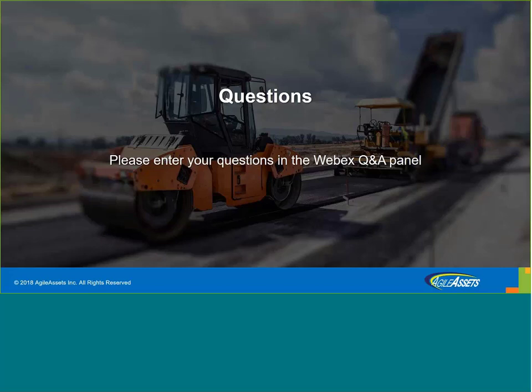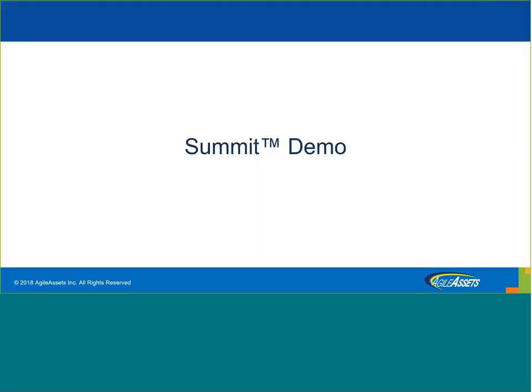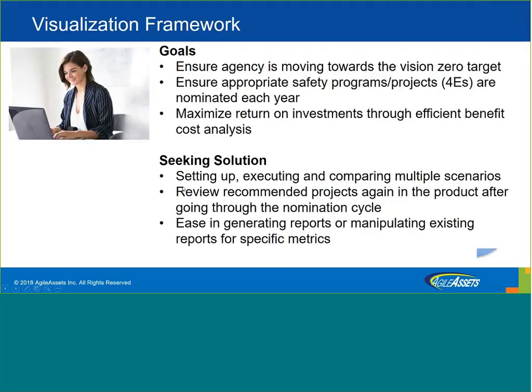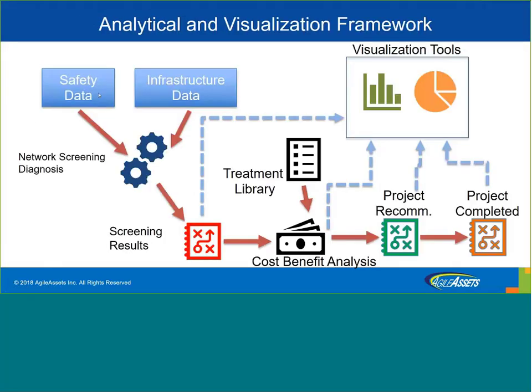Yes, so as I discussed in one of my slides, I actually go back to this just to give you some idea that when you're using the Safety Analyst solution, there are different data sets that are generated from the solution itself.